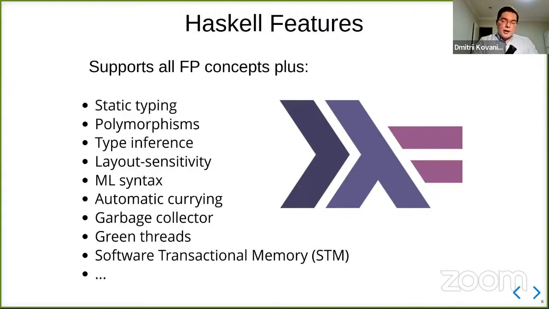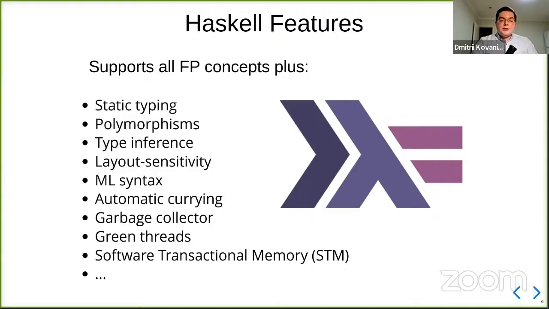But Haskell also has its own runtime system. And its runtime system has a garbage collector. So when you allocate new values, you don't need to worry about memory management. Haskell does this for you. You can create threads, and Haskell has green threads or so-called lightweight threads, which don't occupy lots of memory, and you can have thousands of those threads without worrying about memory consumption.